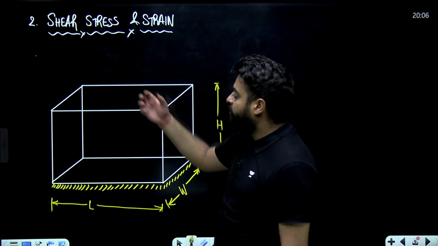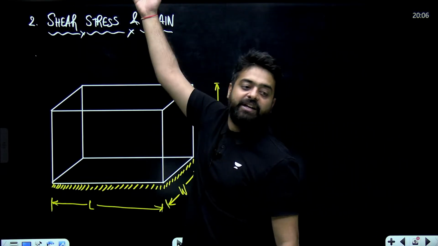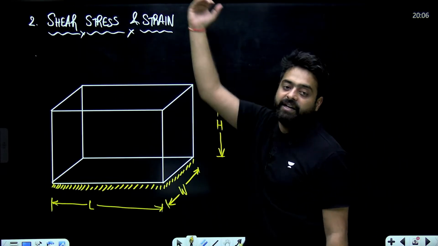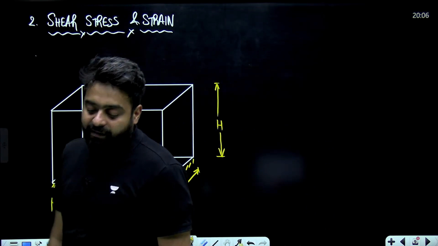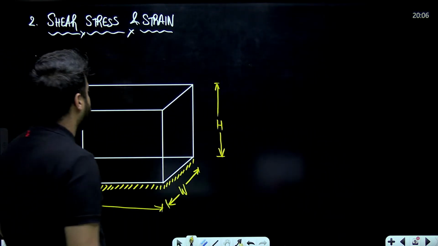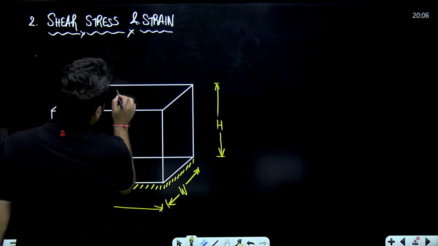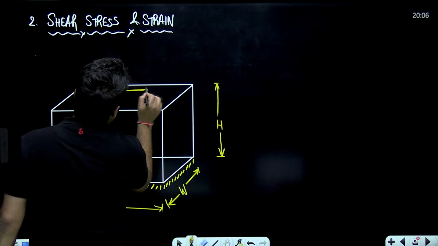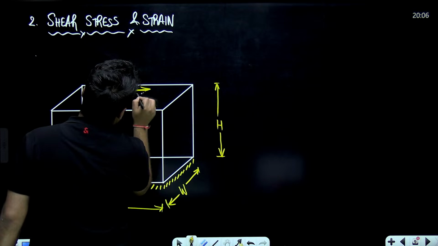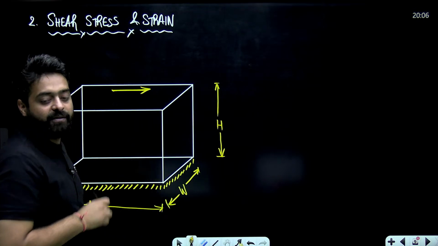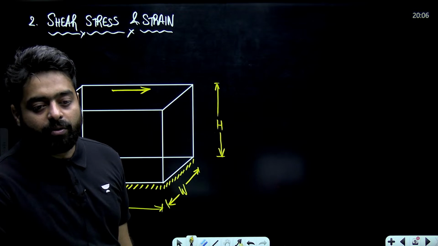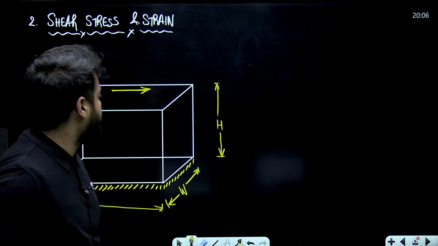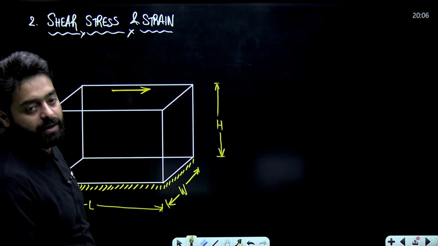I know if I apply a force in this direction, its length increases, like this height H will increase, but I am not focusing on that part. I am focusing on something else. I am telling you that if I apply a force in this way, you know what is this force? This is a force which is parallel to the surface area.